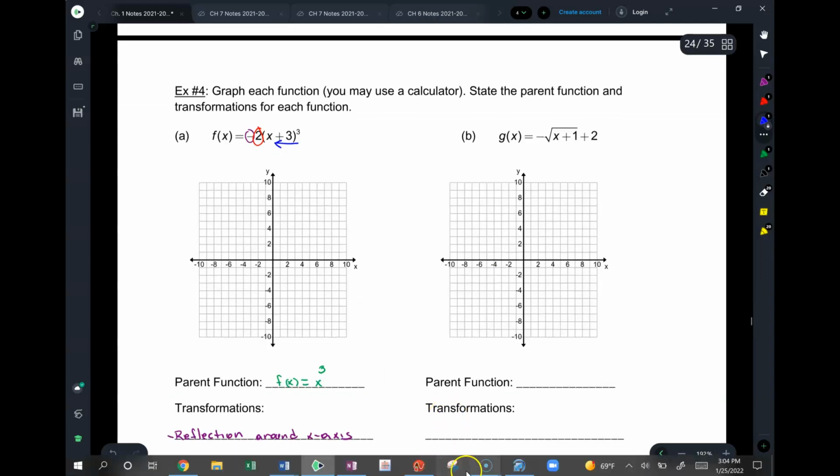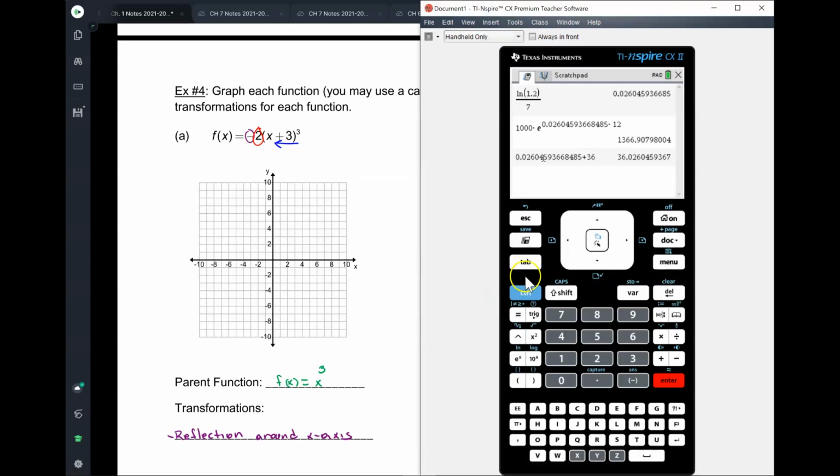So here's what I want you to do here. So when we graph, it's horizontal shift left 3 units. So we're going to graph negative 2, x plus 3 to the power of 3. Go ahead and graph this, please.